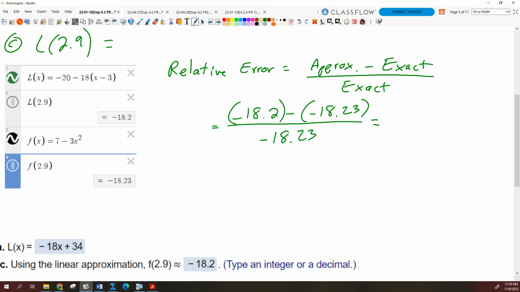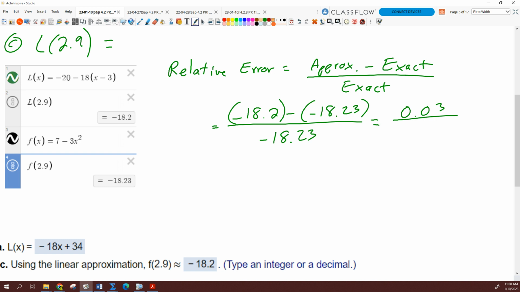Well, what's that give us then? We're going to get a positive 0.03 divided by, hang on a second here, I got to think for just a second.